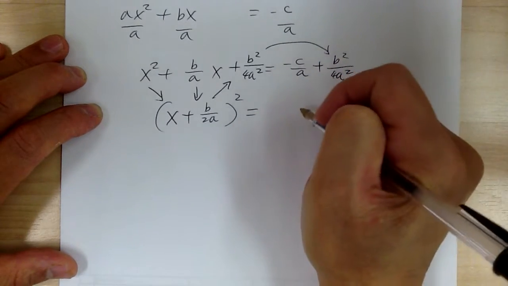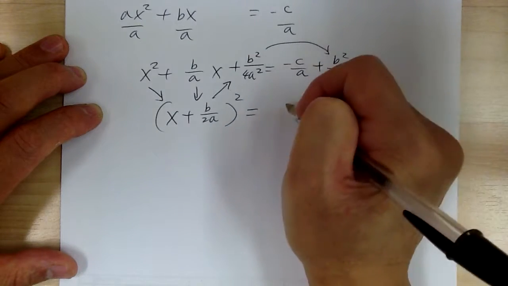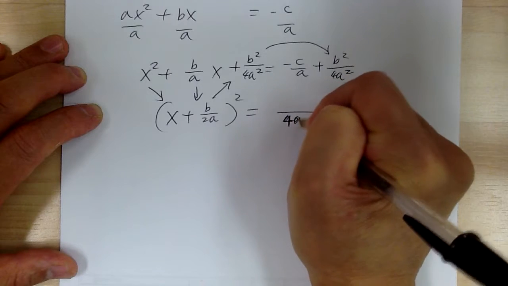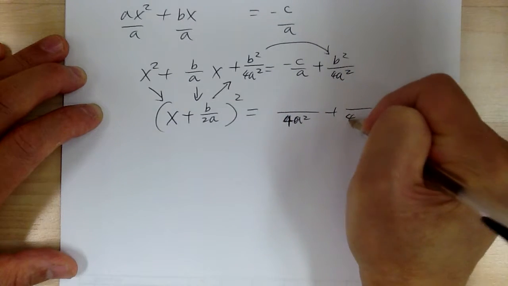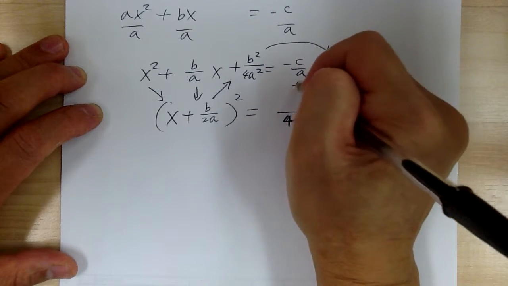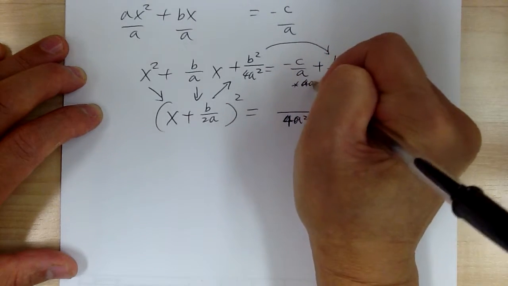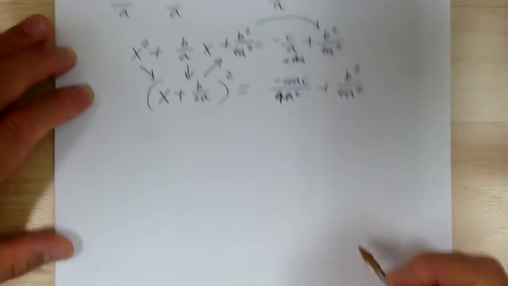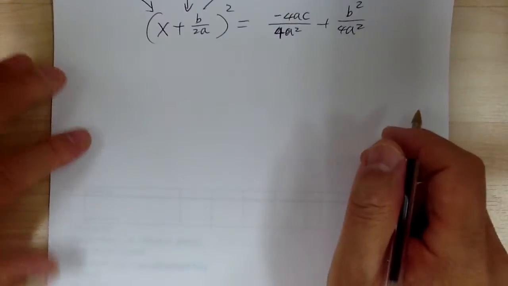So this is going to be equal to, okay, 4a squared would be your common denominator, right? So from here to here, you need to multiply by 4a, so you're going to get minus 4ac.